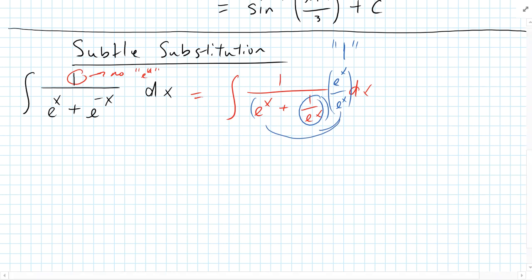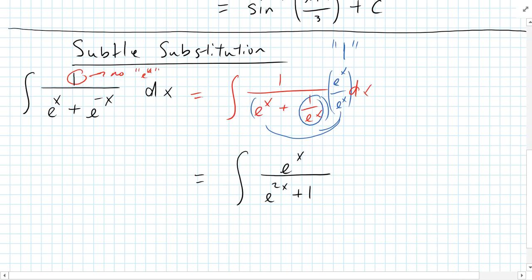When you do that, you're going to end up with the integral, and you're going to have e to the x on top, and then e to the x times e to the x is e to the 2x. And then when I multiply e to the x times 1 over e to the x, it's plus 1. Oh, now we're getting somewhere.